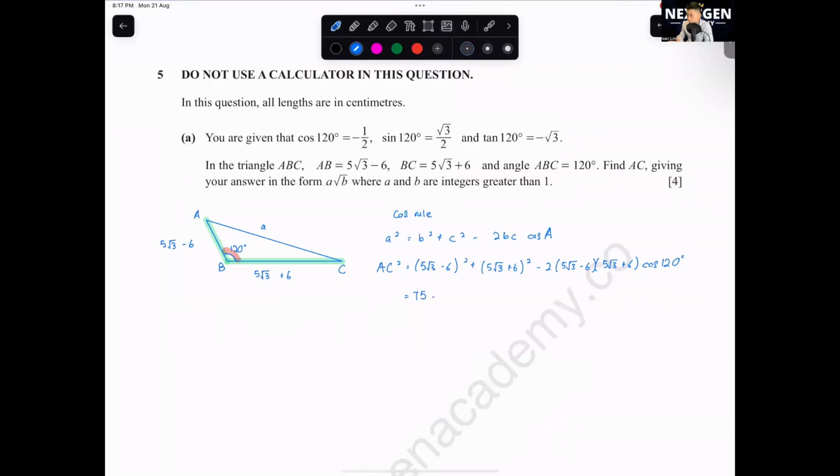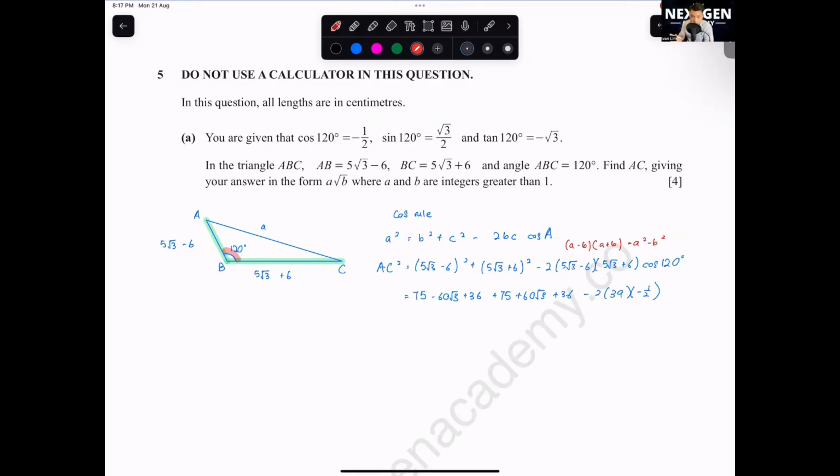You get 75 minus 60√3 plus 36. Then here you get plus 75 plus 60√3 plus 36, minus 2 times 39 times negative 1 over 2. Okay, this part here I'm using (a plus b)(a minus b), which will just get a square minus b square.